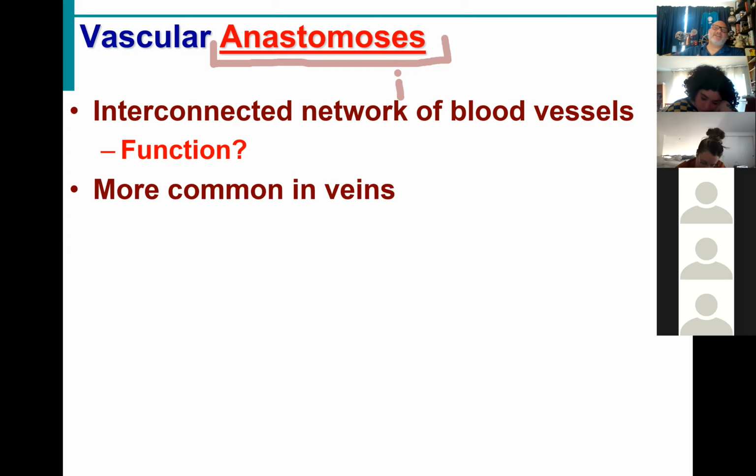Let's say, for instance, we had tissues that as mature tissues were not capable of regeneration. Would it be important to try to have multiple routes to get the blood where we need it to go to try to maintain that tissue and make sure that tissue all got the oxygen that it needed? Yeah. Where might two areas like that be?